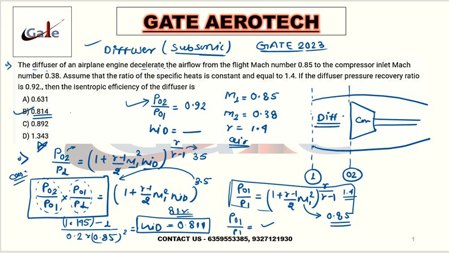I will tell you which formula you have to remember. You have to learn this equation by heart. Please note this formula in your formula sheet, and you should remember this for solving any question of a diffuser. So this kind of process you should also know, and this formula for sure. I hope this is clear.